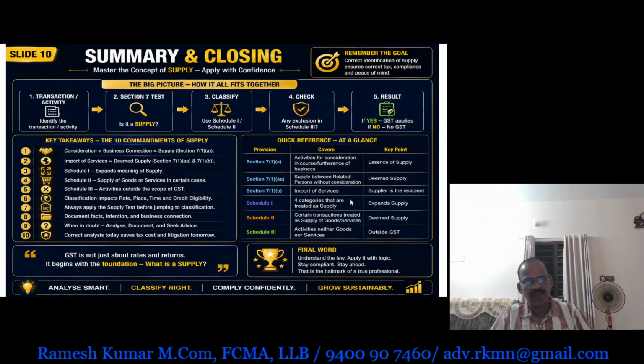Let us now connect the entire concept. Whenever you face a transaction, follow a sequence. First, identify the activity or transaction. Second, apply the Section 7 test. In this, ask whether the transaction falls within the scope of supply.